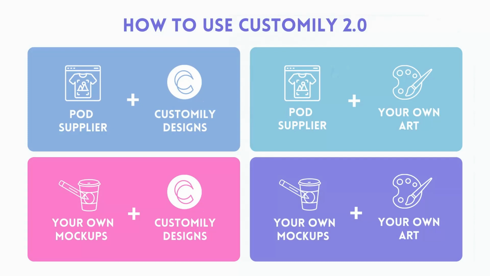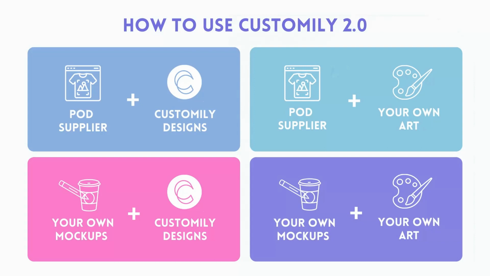Now, in that line of work, if you have your own products and are not interested in working with a print-on-demand provider, the way to go is to start by populating your product-based library. And after you have your own product mockups, you can choose to add a design from Customily's library to them and create and publish products really fast.